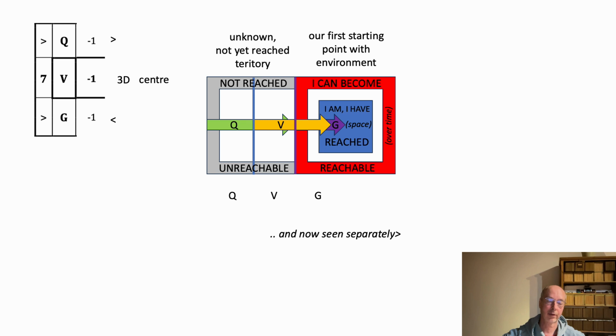The red frame around it are the things that with some delay I can achieve someday or another. The left part is the things that are already too far away from me, and these are the things that I cannot reach at any time.